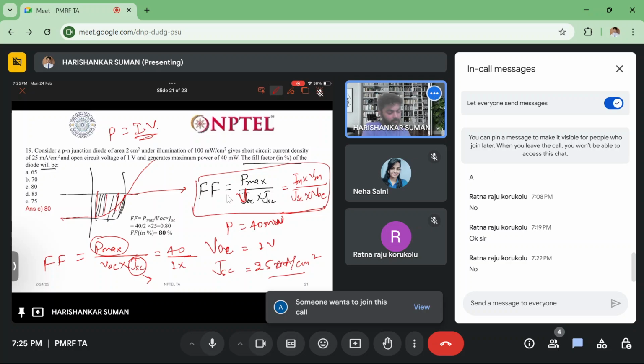What is JSC? I by A. If you want to find the current, JSC into area. So area is 2 and current density is 25. Okay, so here you will get 80%. Clear?